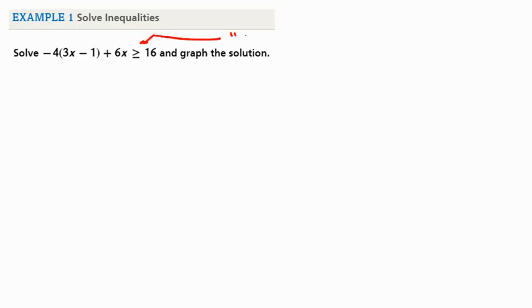So this is pronounced greater than or equal to. So that line underneath is the equal to part. So again, remember, if the mouth is open up to the left, that means the left thing is bigger than the right thing because the mouth is hungry. Wants the bigger thing.